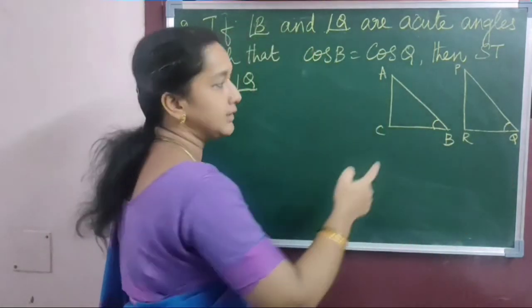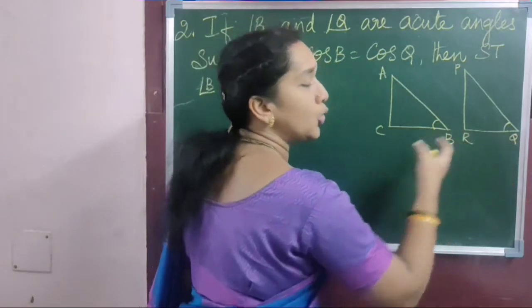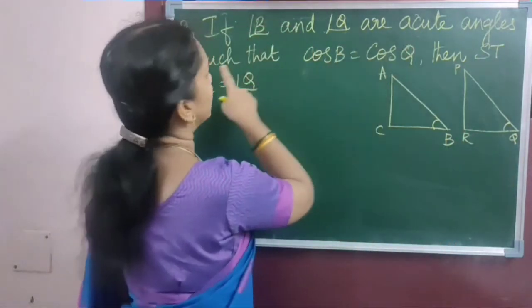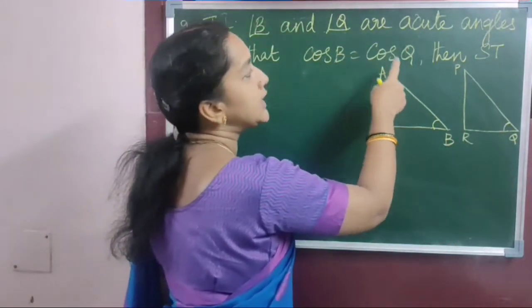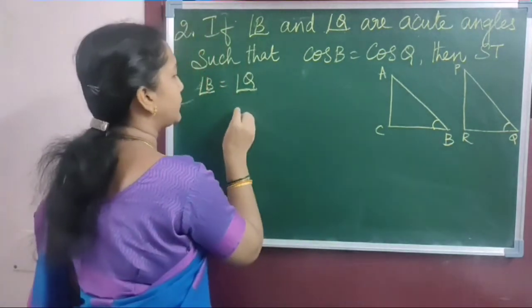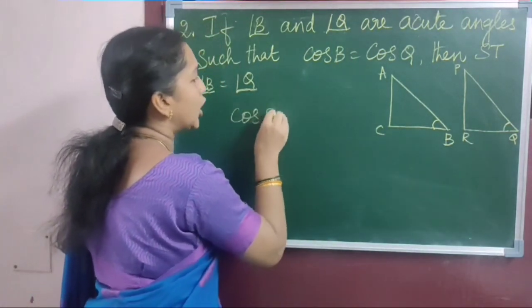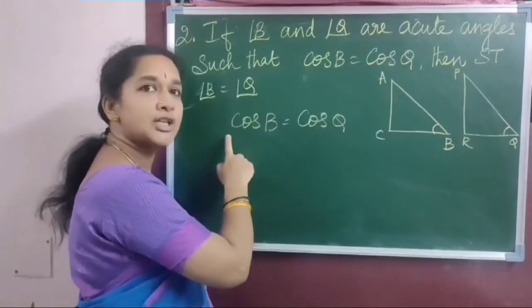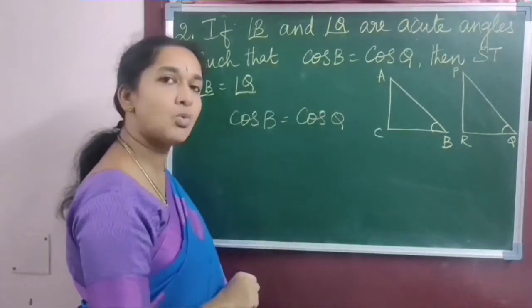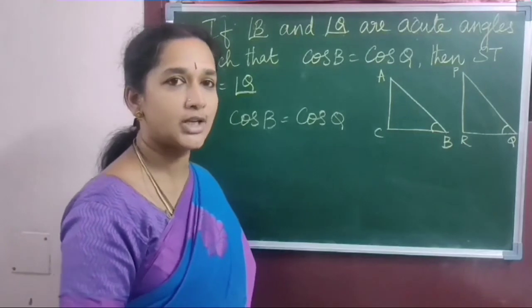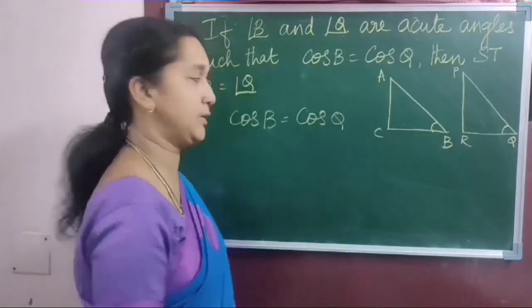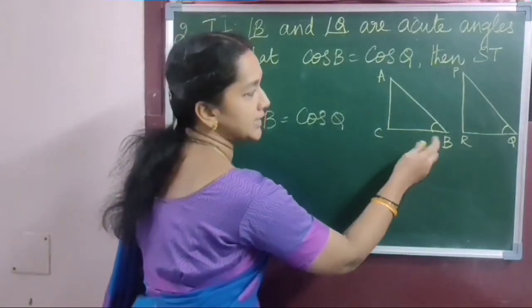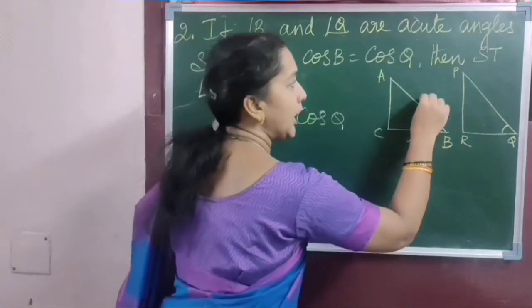It is given that cos B is equal to cos Q. So what is the cos ratio? Cos ratio is adjacent by hypotenuse. So cos B is adjacent side by hypotenuse side.